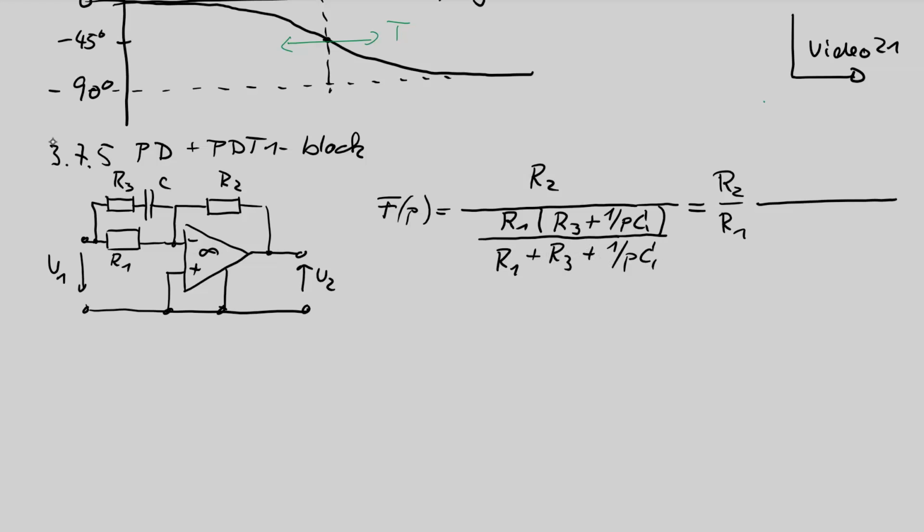Then this goes up into the numerator and this stays in the denominator. So we have here an R3 plus 1 divided by pC, and here we copy the R1 plus R3 plus 1 divided by pC, and the last step is simply F of p, numerator and denominator multiplied with pC.